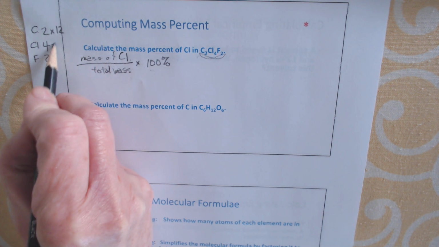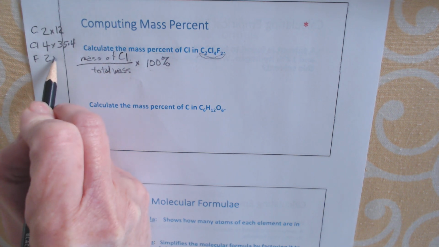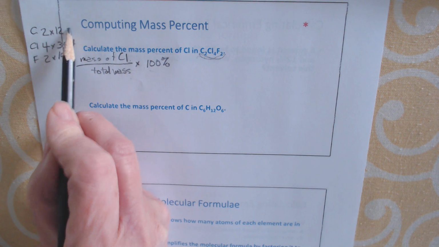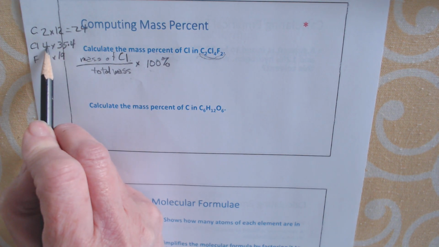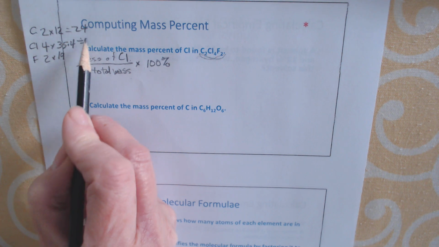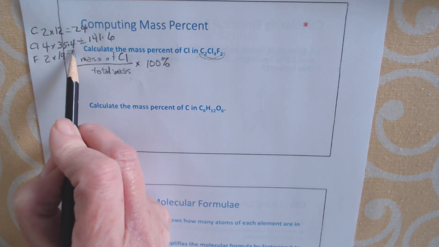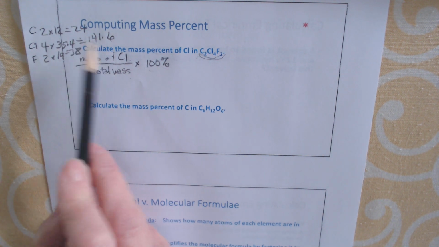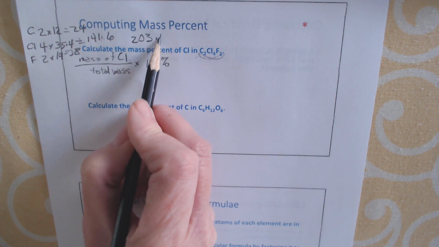Chlorine is 35.4, and fluorine is 19. Oh, I didn't leave myself much room, did I? 24, 35.4 times 4 is 141.6. I hope you do a better job than I did of making room for what you need to figure out. Then I total these up, and I come out with 203.6.